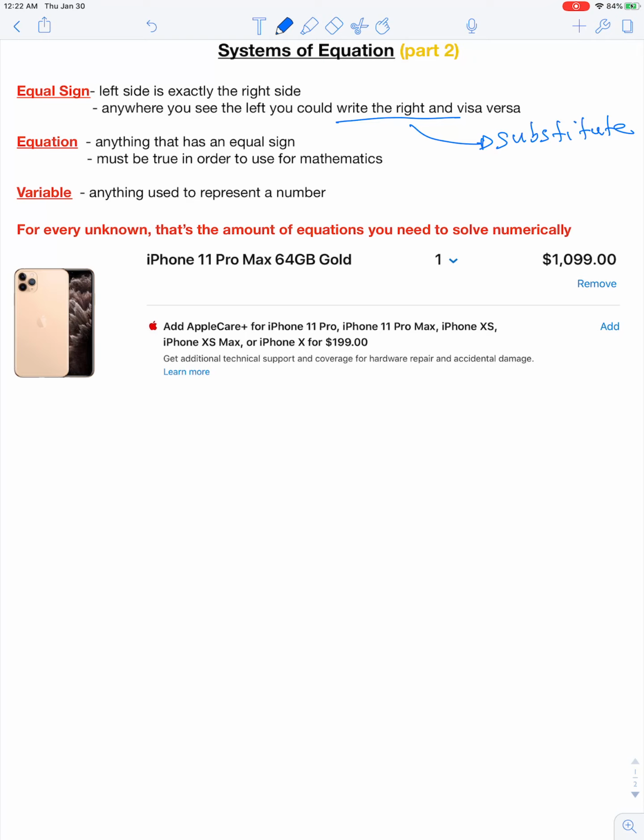All right, let's look at a little example we have here. A quick example. We see that we have a brand spanking new iPhone 11 Pro Max 64 gigabyte gold. It's $1,099.